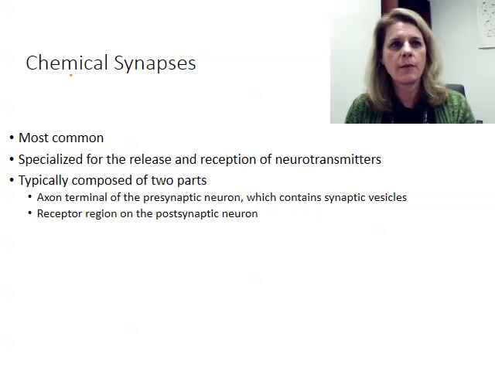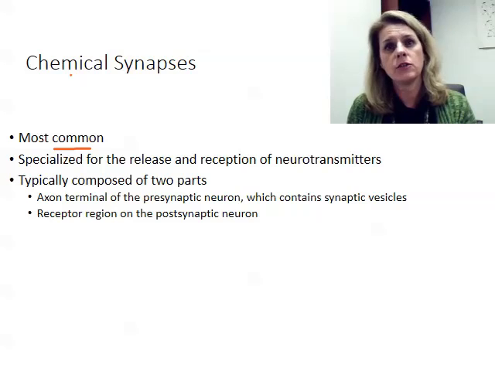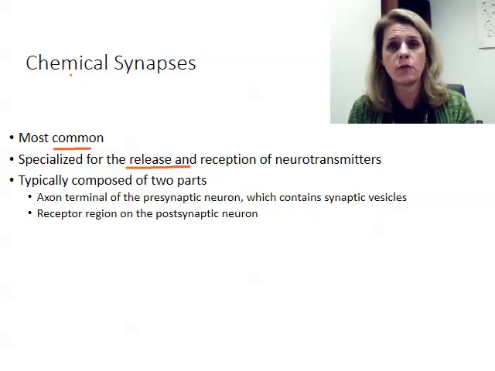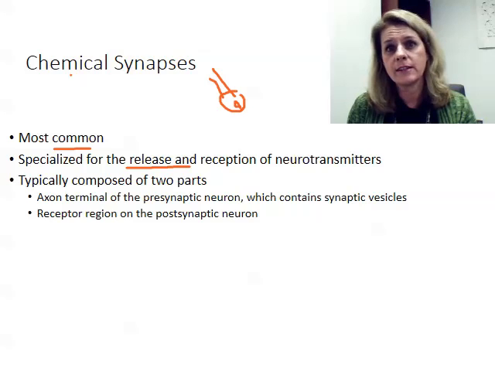And the chemical synapse is what we're used to. It's the real common thing we talked about, like a neuromuscular junction. And these are synapses that use a chemical as the signal, where you're going to release a neurotransmitter and then have a receptor for that neurotransmitter. So just like in the neuromuscular junction, your neuron released acetylcholine, and then the muscle had the little acetylcholine receptor allowing for some kind of effect to occur.